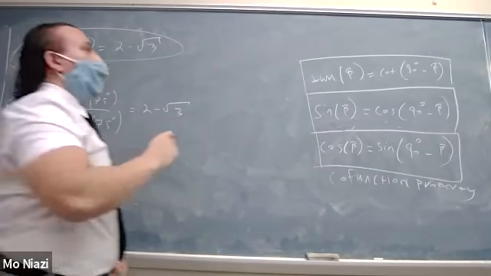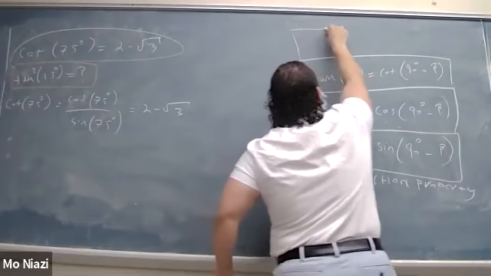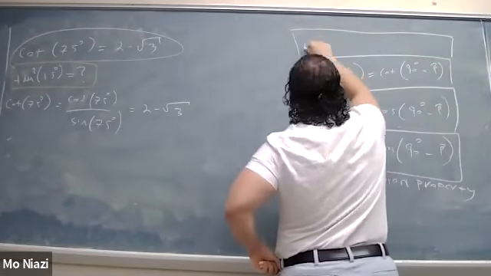Notice that this is another cofunction identity. Maybe this will make it easier.